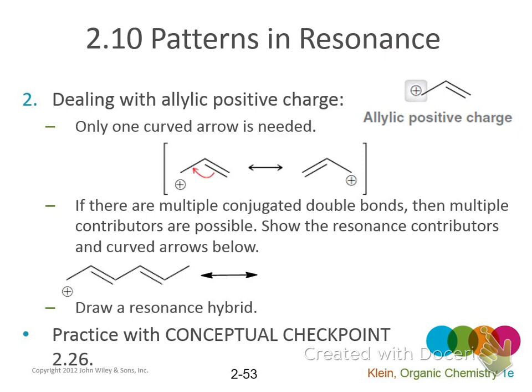Now, you can also have an allylic positive charge, a carbocation. In that last one, most of those are either negatively charged oxygens or carbanions. You can also push a positive charge, and positive charge is like the easiest thing to push around. First of all, it already violates the octet rule.